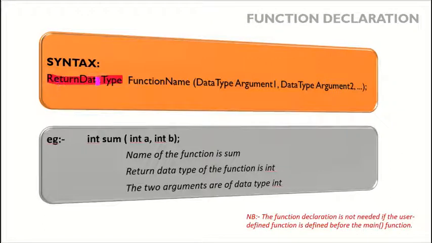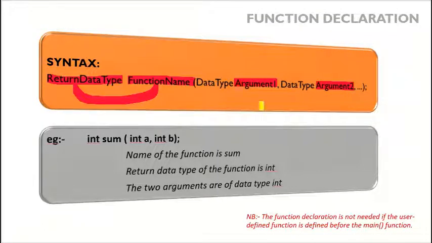The syntax contains the return data type of the function, then the function name, and within brackets the arguments of the function, that is, the arguments that need to be passed to the function for execution. So this is the argument list: argument 1, argument 2, etc.